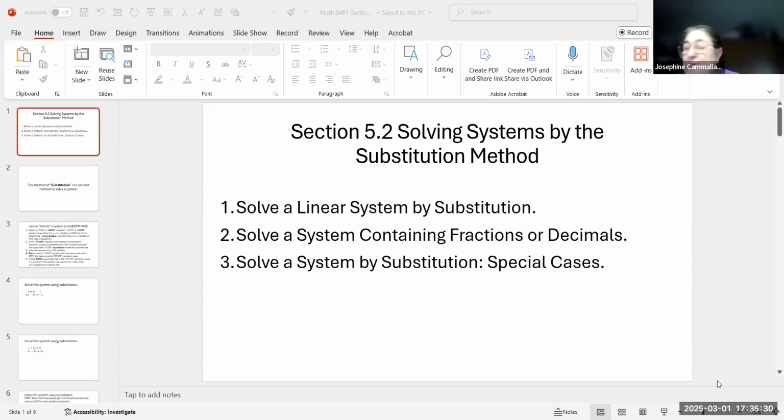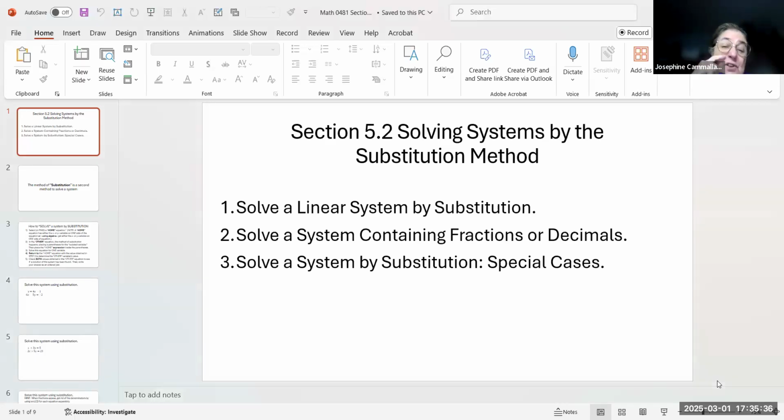Some people find this really easy to do. The only difference is when you have fractions or decimals, it can be a little interesting, but we'll help you work through that because remember, first step, get rid of the fractions and the decimals.